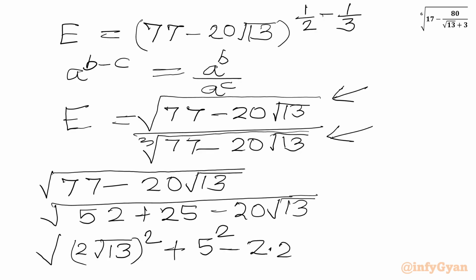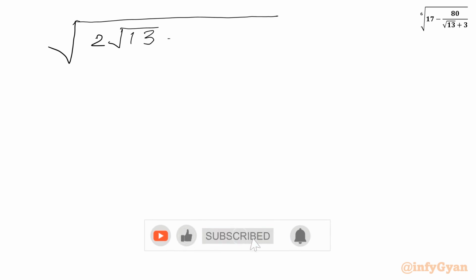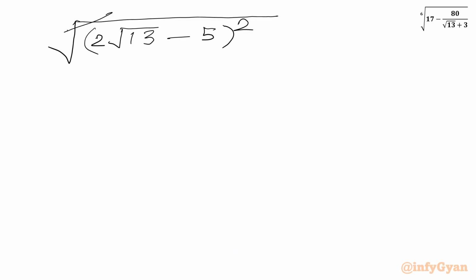We can write 2 times 2 root 13 times 5, square root. Now this radicand is a perfect square. It is (2 square root 13 minus 5) whole square. So I can write square root of (2 square root 13 minus 5) whole square. So square root and square will cancel. So our numerator will become 2 square root 13 minus 5.